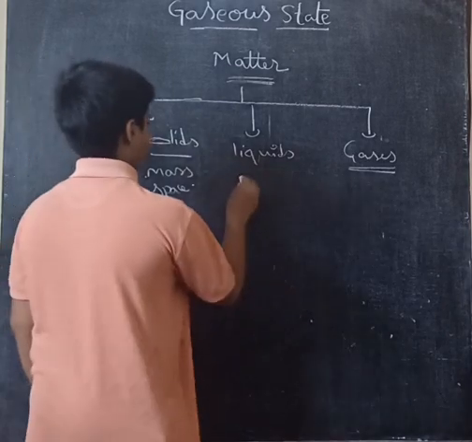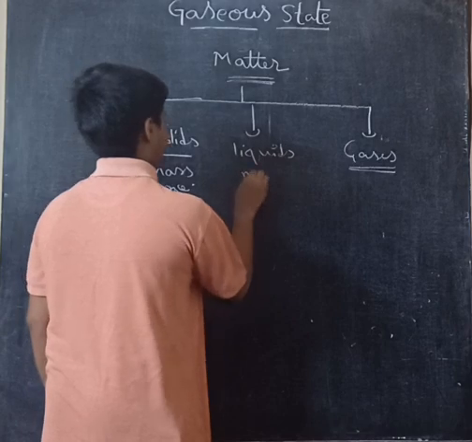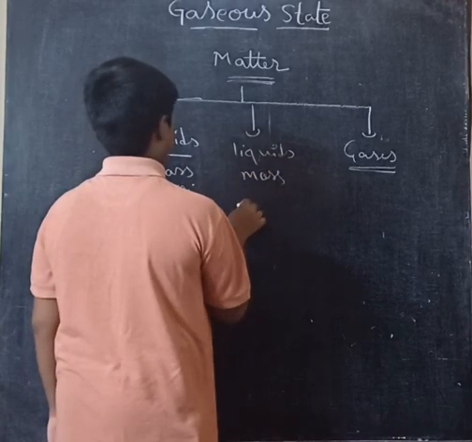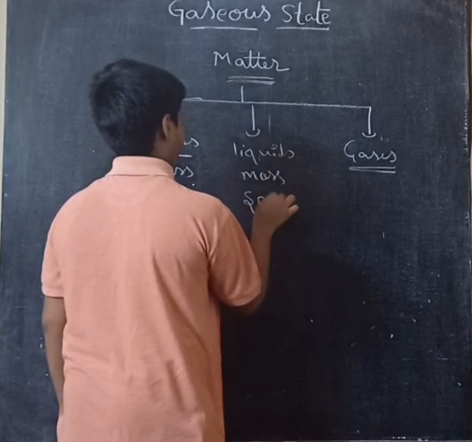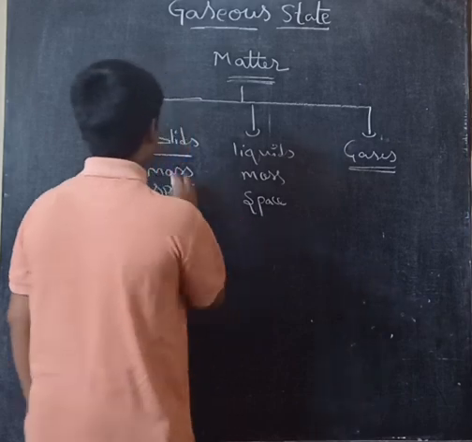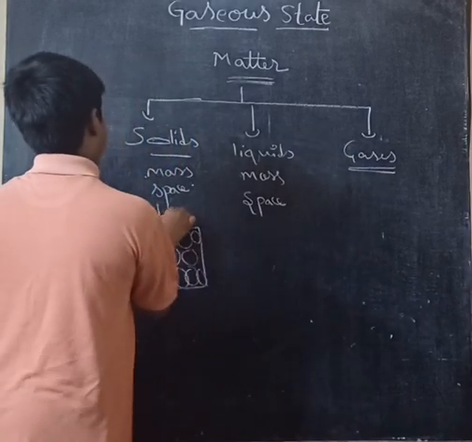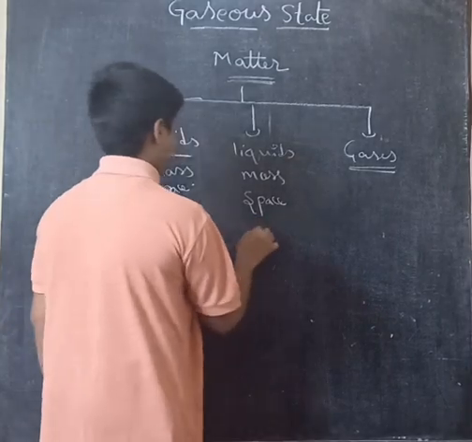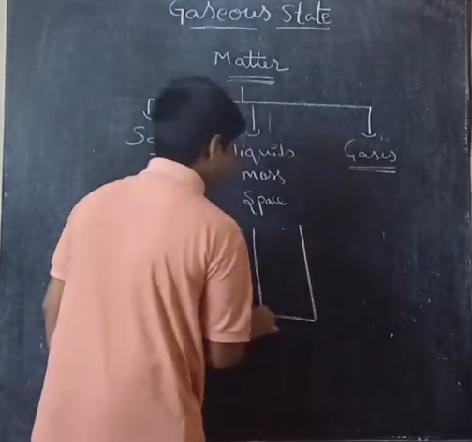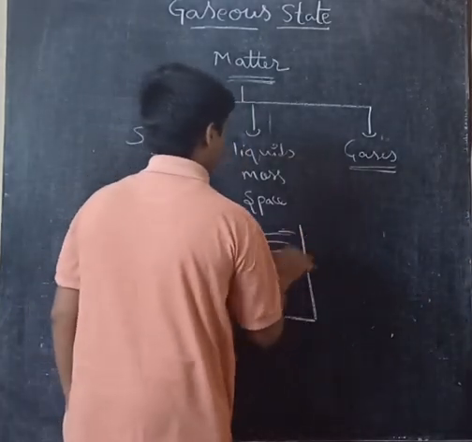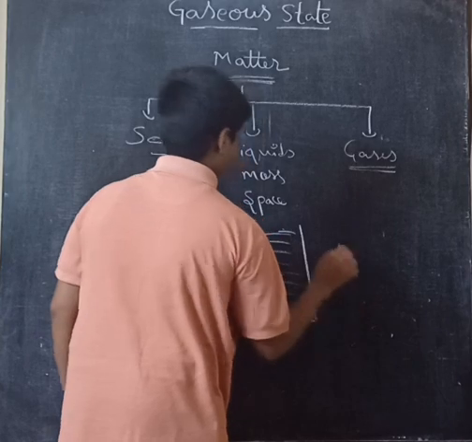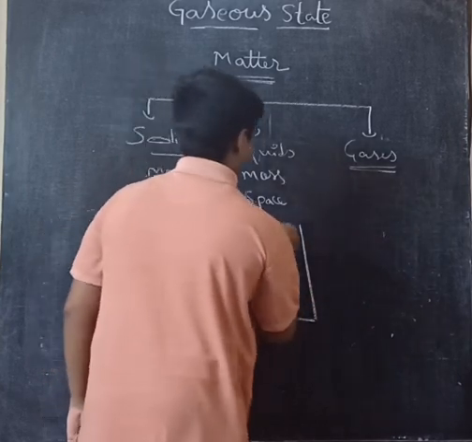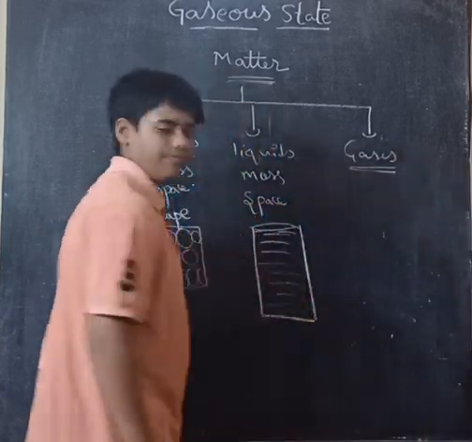In liquids, it has certain mass and occupies space, and here in a solid it has a certain shape. In liquids, if I take a container, it occupies space and takes the shape of the container.